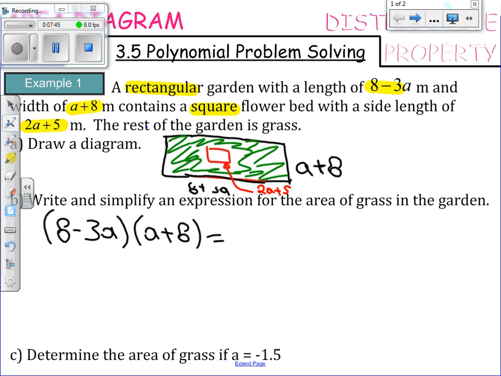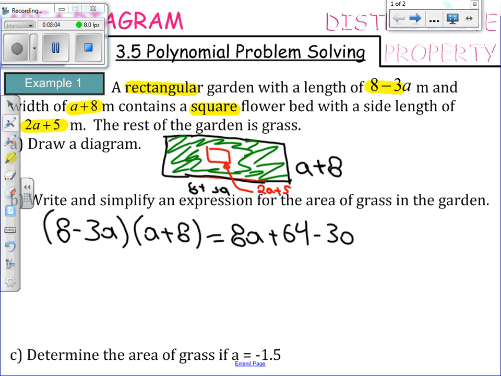How do you calculate that? FOIL it. So what do you get when you FOIL it? Give it a shot. The inside would be minus 3a squared.